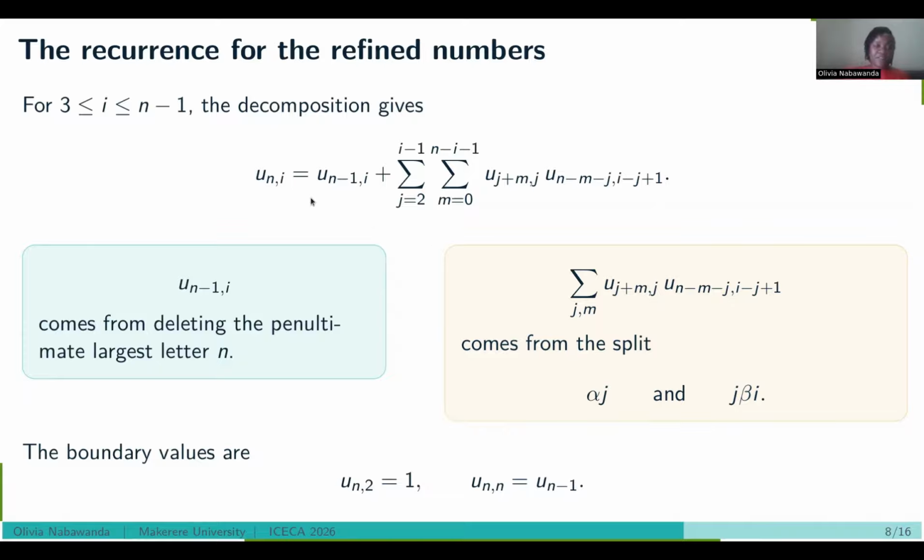And the first term in our recursion is the one coming from case 1, where you delete the largest element n from the permutation, while the second term here is the one which comes by splitting the 2413 flattened partition into these two subwords. And this recursion is subject to these initial values.